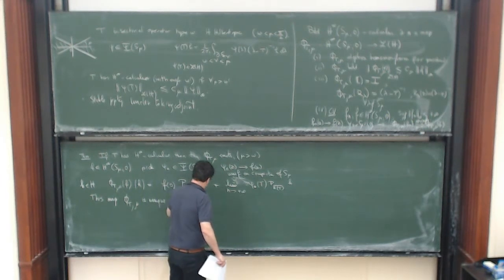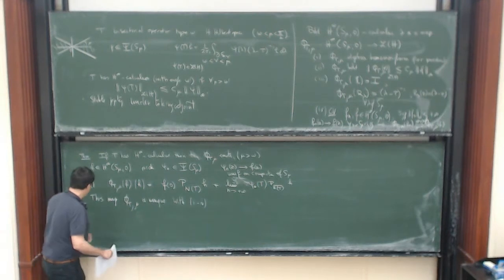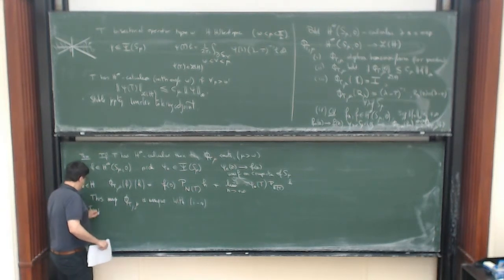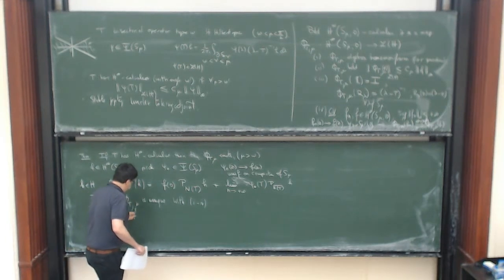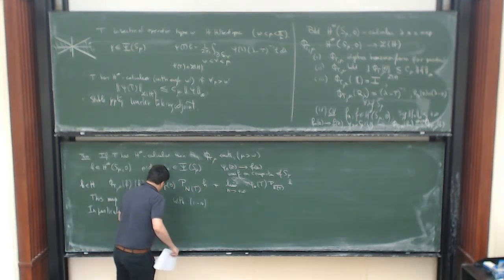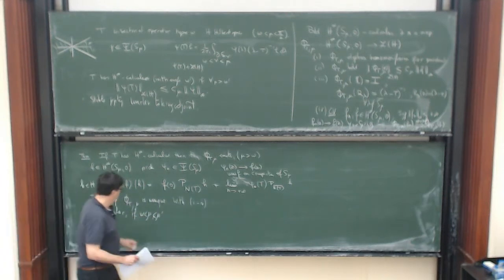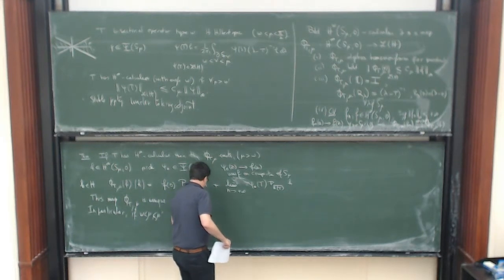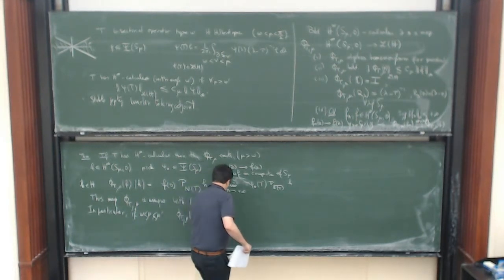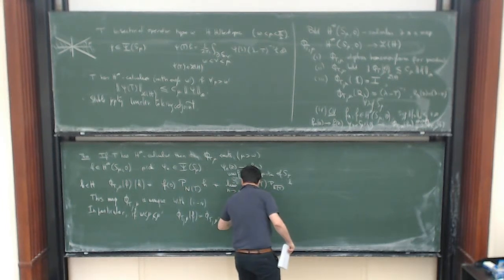Properties 1 to 4. In particular, if you pick two different angles, mu and mu prime, then these two maps agree on the smaller space, which would be this one.